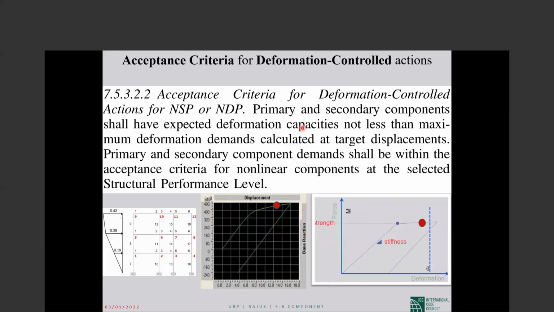And then we check it with the deformation capacity. And where can we find the deformation capacity? That was the main important point. I mentioned at the beginning, these different codes for the existing buildings, that's their best.